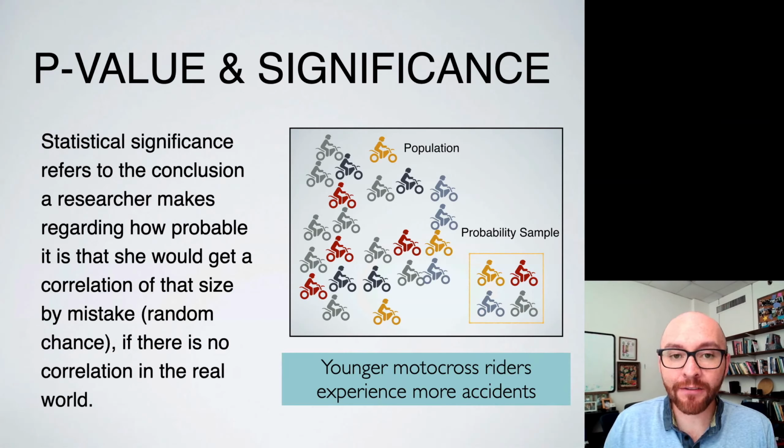If we're able to get a p-value that's less than 0.05, meaning people who engage in this sport more are more likely to get serious injuries, which would make sense, you want that to be below 0.05 because you want a less than 5% chance that you found this by accident.